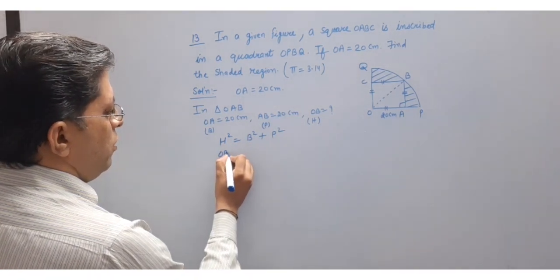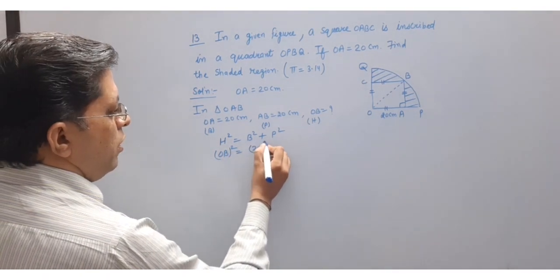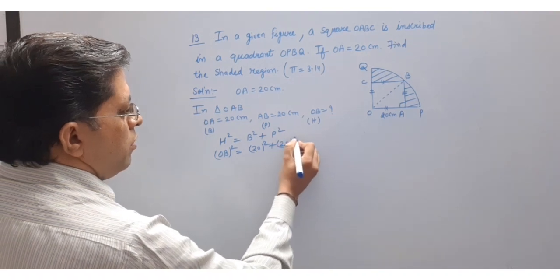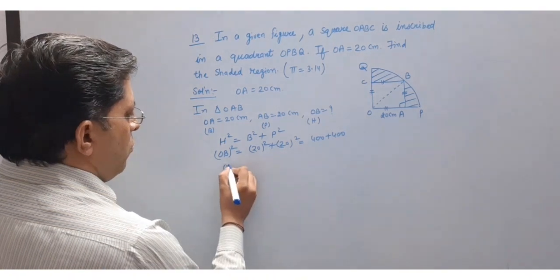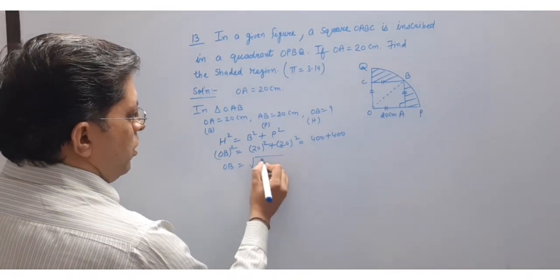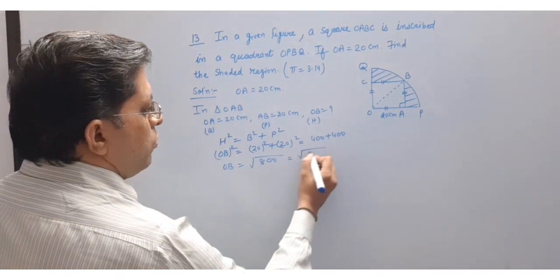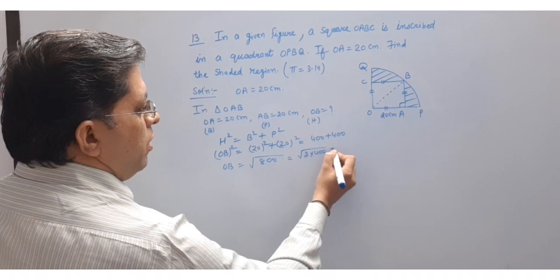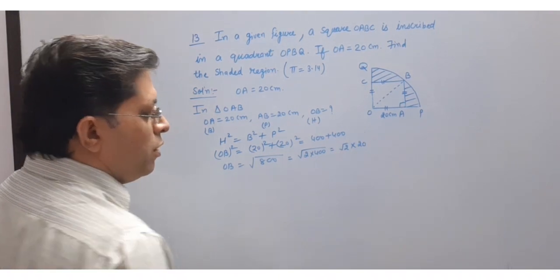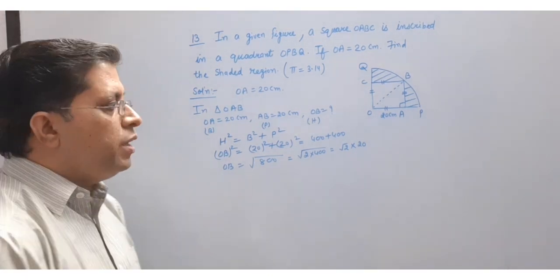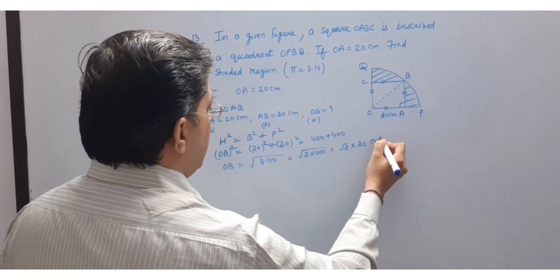So this is OB square is equal to base 20 square plus 20 square, 400 plus 400, then OB square will become 800. Then this is 2 into 400, can write under root 2 into 400, square root of 400 is 20. So this is 20 root 2 centimeter.